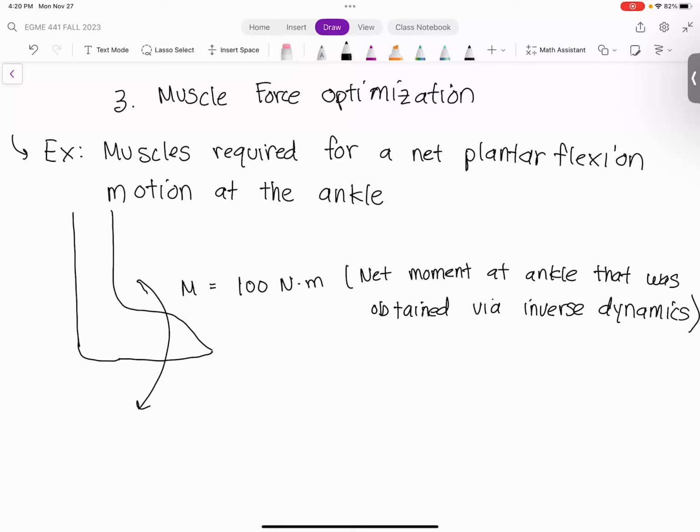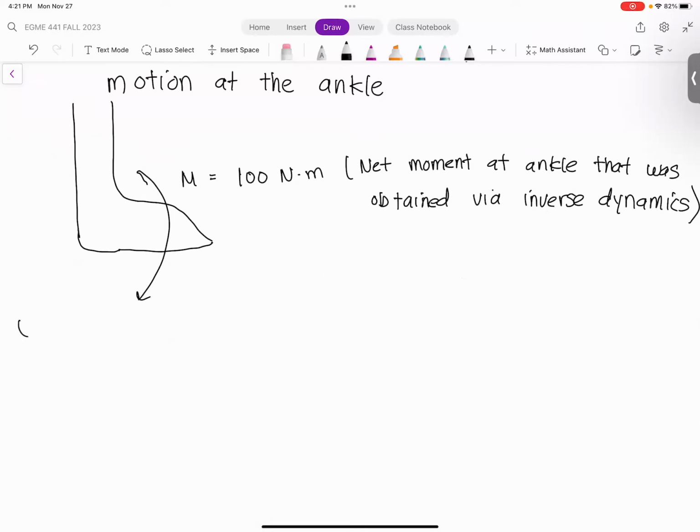Okay, all right. And at the ankle, we have 3 muscles that are active. In particular, these three muscles all have the ability to produce a plantar flexion moment.